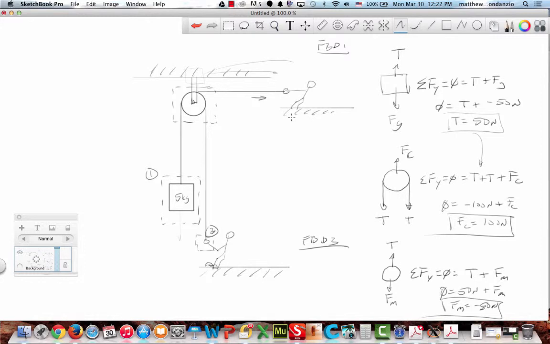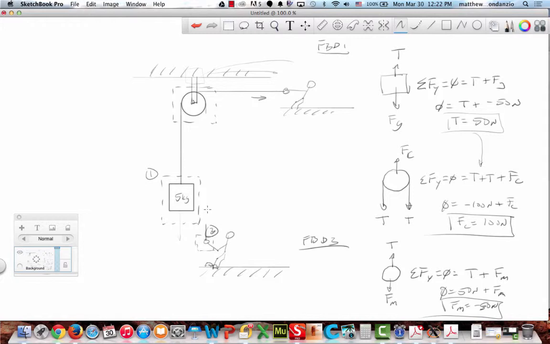Wouldn't you have to pull more? Would the ceiling pull less? Wouldn't it be the same? Well, let's think about this.